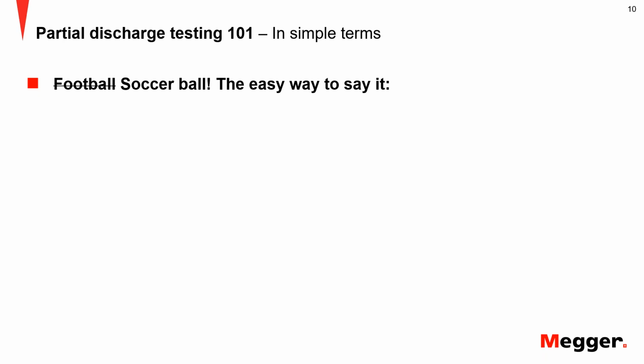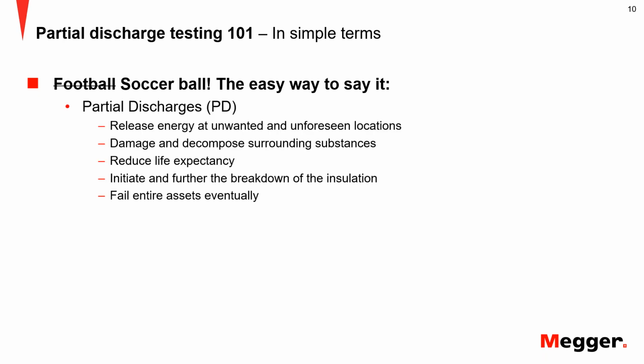And so you can very clearly define what partial discharges mean to somebody who is not a scientist. It's pretty much a bit of energy that occurs at a spot that the designer has not intended when he designed the cable and the cable system. It has a very destructive behavior, because it damages and then decomposes everything in its surroundings.